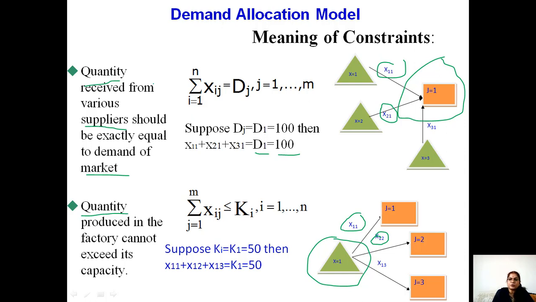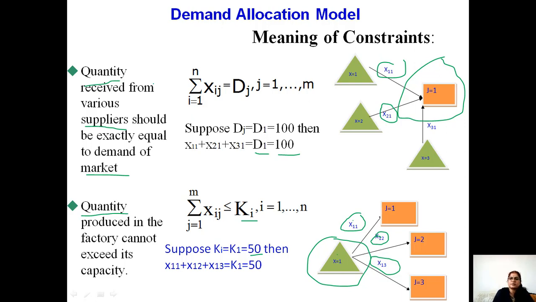When we add up all these, it should not be more than the capacity. For example, Ki stands for the capacity of this plant. If i is equal to 1, the first plant, and K1 is equal to 50, then suppose X11 is 50, X12 is 20, 50 plus 20, 70 is already over. X13 should be equal to 30 to make the total 100, or could be less than that.